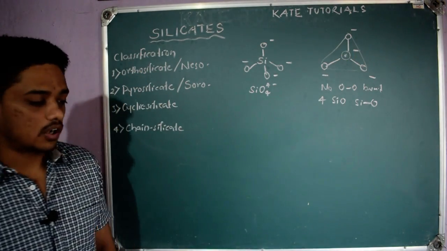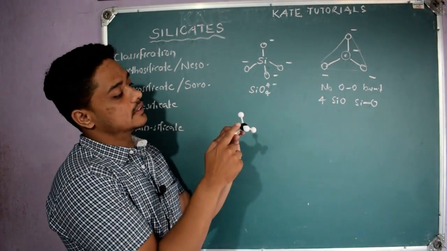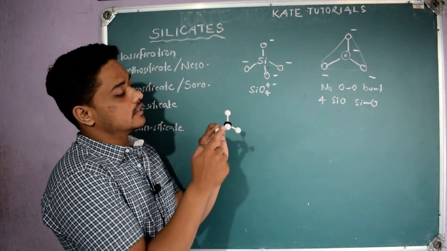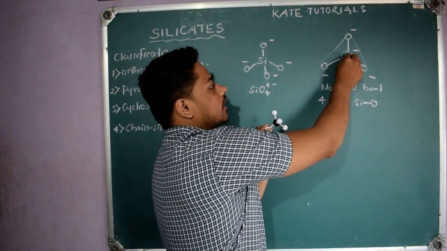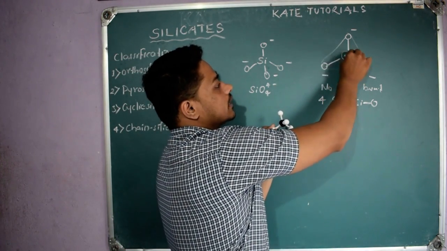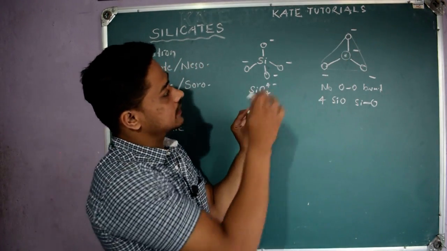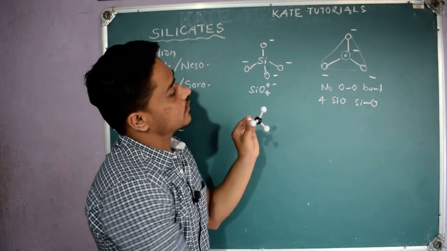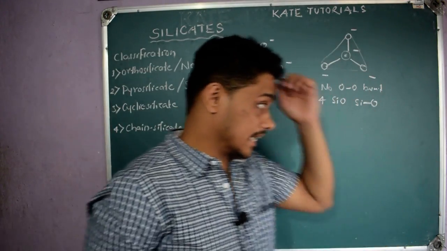That also we saw with this model. This is the silicon, and this above oxygen is covering this silicon. I have shown the silicon by a dot and the oxygen with a round circle above it. And the other three oxygens, 1, 2, 3, will look like this. So this is the two-dimension view of orthosilicate.